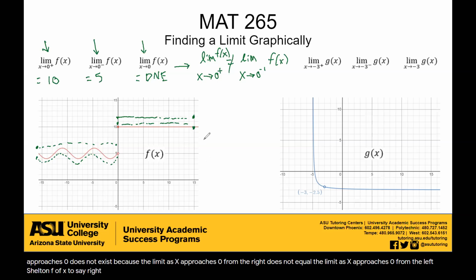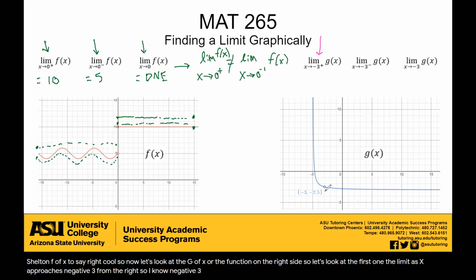Right, cool. So now let's look at the g of x, or the function on the right side. Let's look at the first one. The limit as x approaches -3 from the right. I know -3 is this point of discontinuity, right?